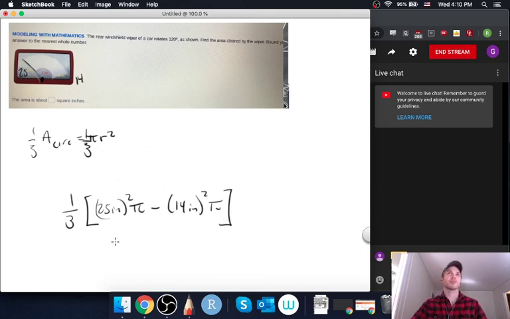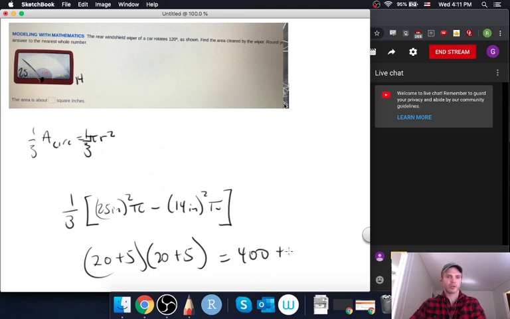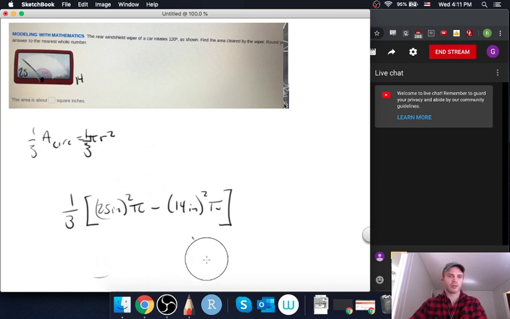So 25 times 25, I don't know what this is. Let's figure it out. It's like 625 maybe. So this is going to be equal to 400 plus 200 plus 25, yeah, 625. Okay, so we're going to get 1/3 times 625 pi inches squared. And units are important, write your units. It's good practice for science. And let's do 14 squared. I'm actually not sure what this is either.